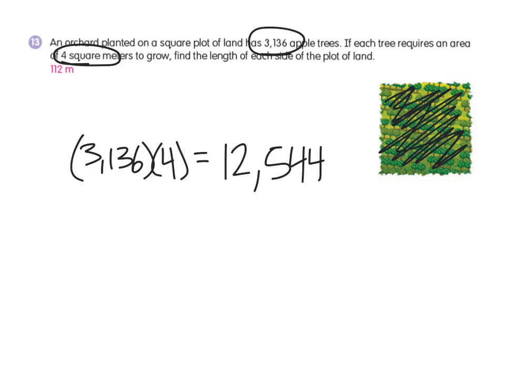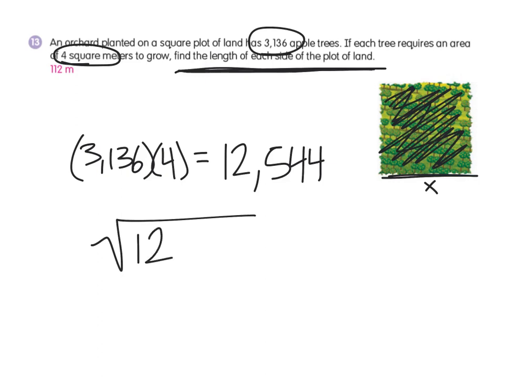The question said find the length of each side. Since this is a 2-dimensional piece of land, in order to find the length of a side, we have to take the square root. So in my calculator, I type in square root of 12,544, and I get 112. So 112 meters, that is my final answer.